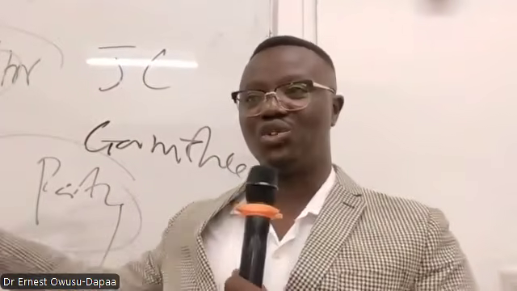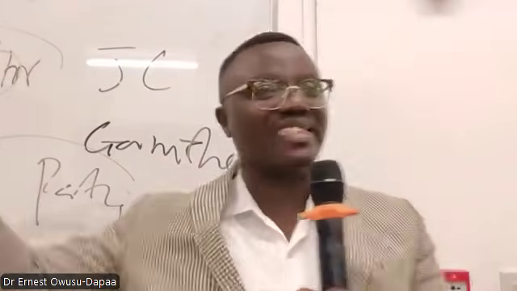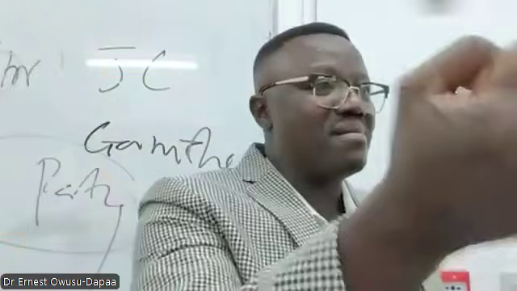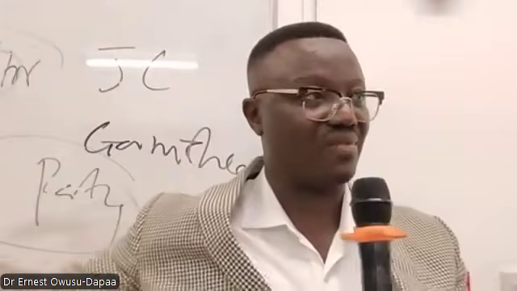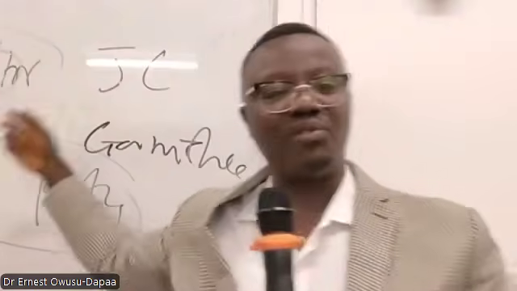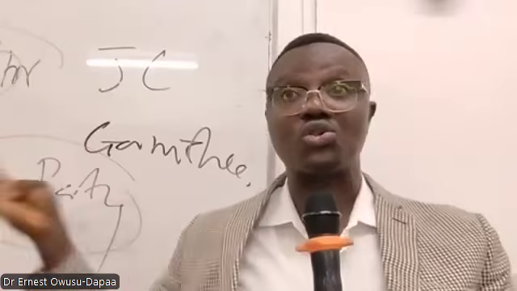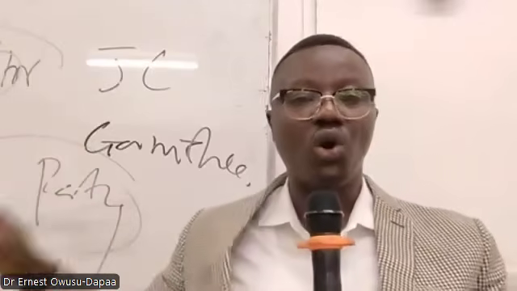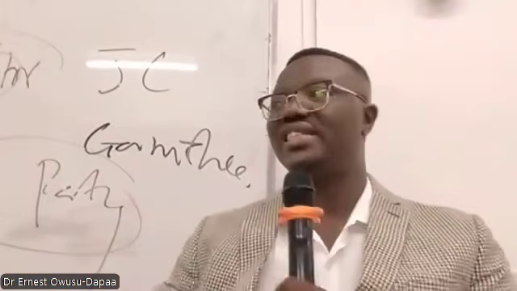Now, if I say Garnishee, you know what I'm referring to. The Garnishee is a third party having money which belongs to the judgment debtor. So a provisional order is made directing the Garnishee to show cause why the debt owed to the judgment debtor should not be paid to the judgment creditor.